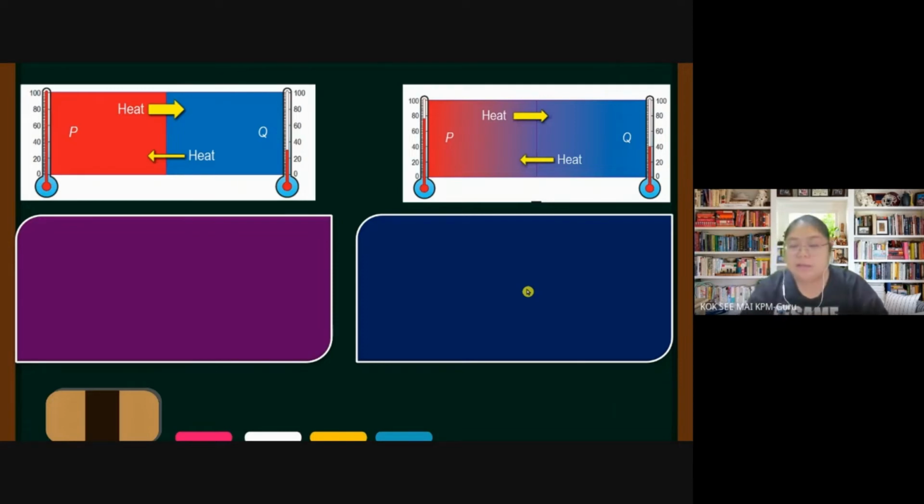After that, you must say after some time, both temperature readings become equal. The hot object will drop, then the cool object will gain, until the temperature is the same. Then we can say the situation is thermal equilibrium. Then the last one, you add one more sentence: net heat flow is 0. That is how to explain the situation using the concept of thermal equilibrium.